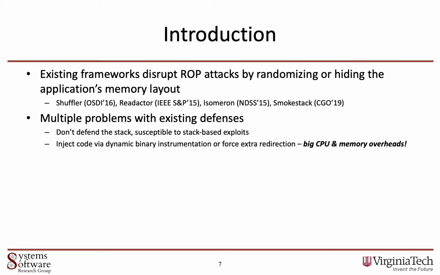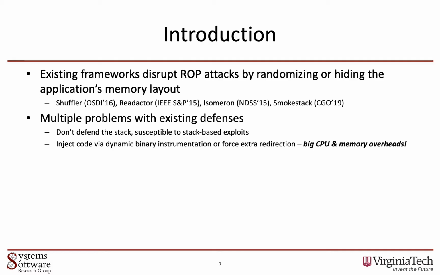Existing frameworks disrupt ROP attacks by randomizing or hiding the application's memory layout. Several examples of existing frameworks include Shuffler, Redactor, Isomeron, and Smokestack. All of these defenses have one or more of the following problems. First, they don't defend the stack, which means the applications are still susceptible to the previously mentioned stack-based exploits.